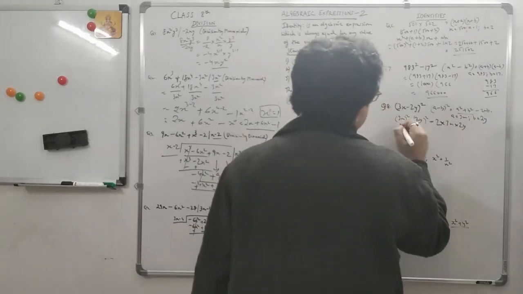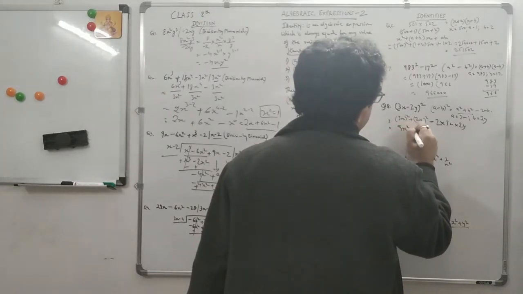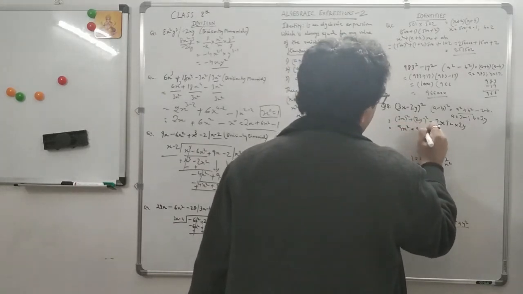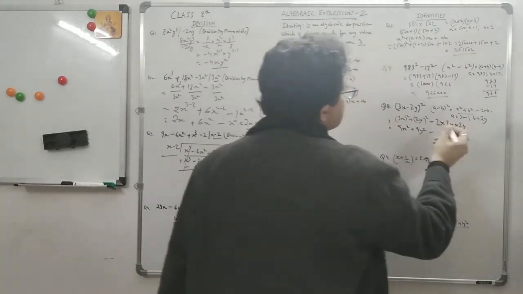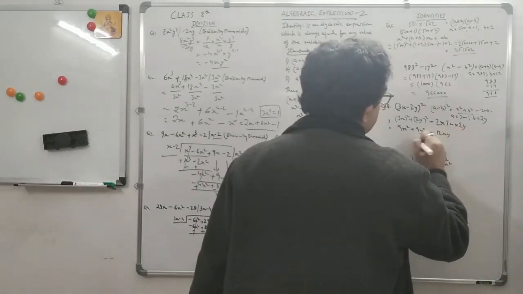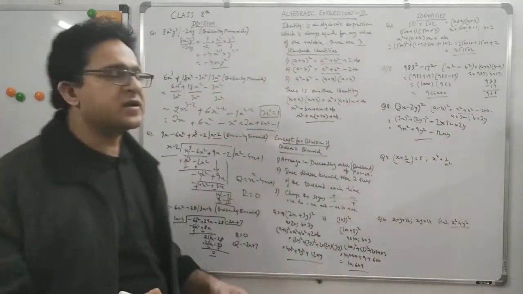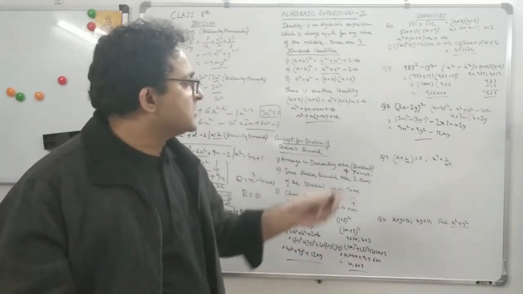Okay, this becomes 9x square plus 4y square minus 2 3 to 6, 6 to the 12, minus 12xy. This is the answer. Again, it's unlike terms. You cannot do anything further after this. This is the answer, right?